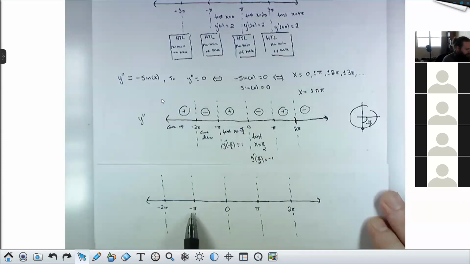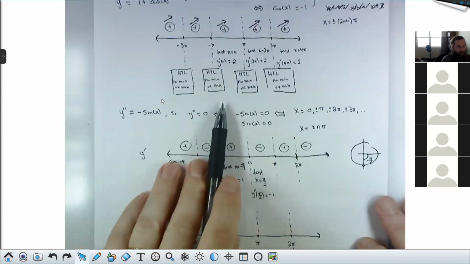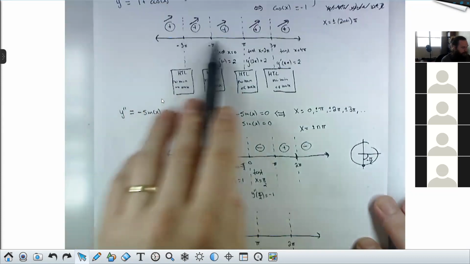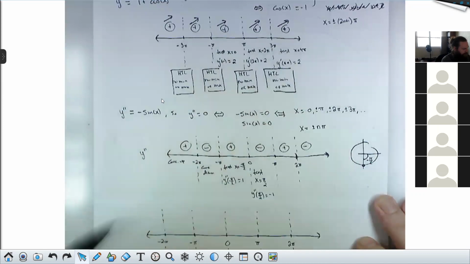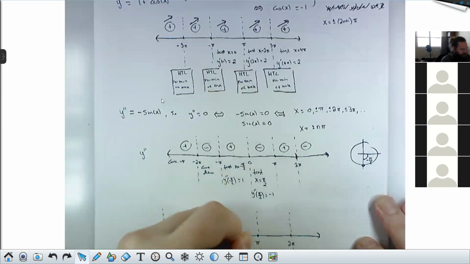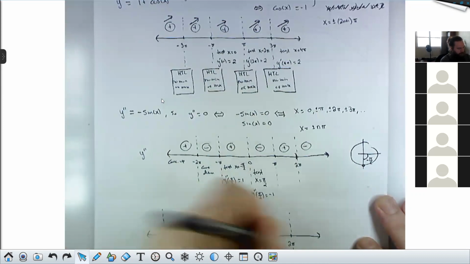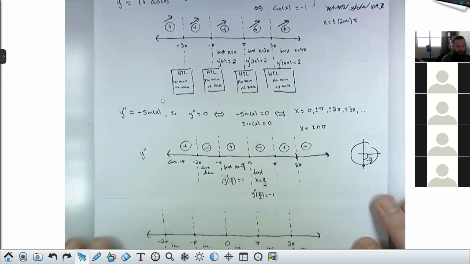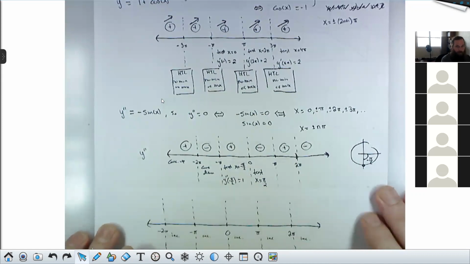That means on this first number line, between here and here, we're increasing everywhere. In fact, we can just say it, where f is increasing, increasing, increasing, right? The f prime line is always positive.